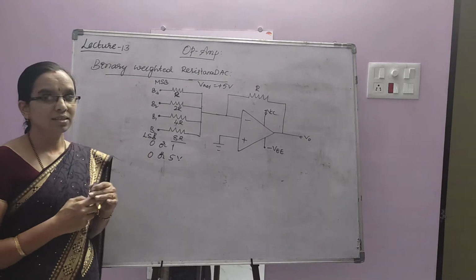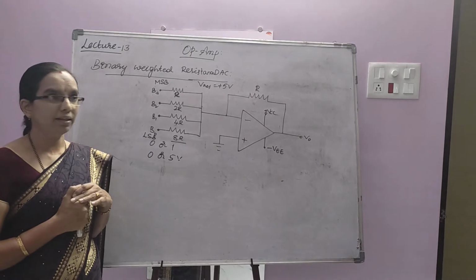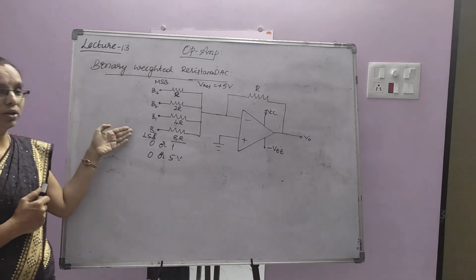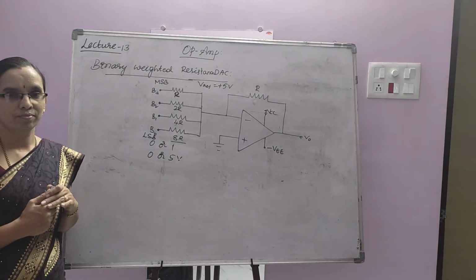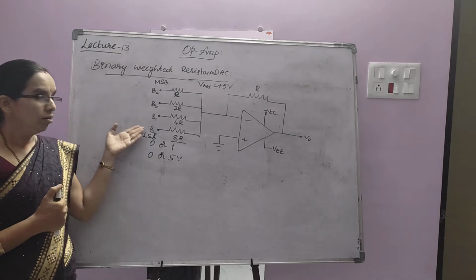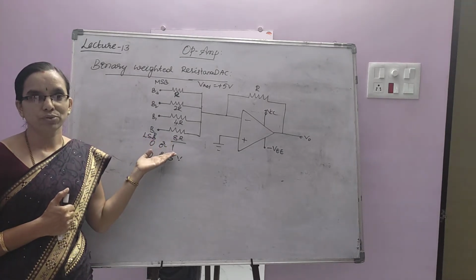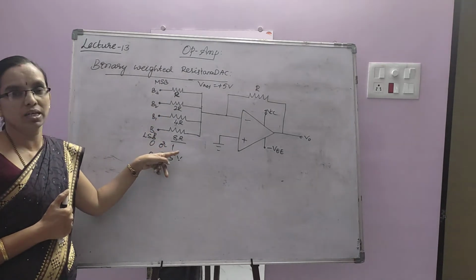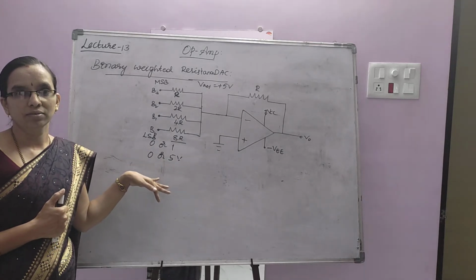Whereas in this case, understanding the circuit will be easy, but for 4-bit, you will have 4 different values of resistors. For 5-bit, again 5 different values of resistors you have to choose. That means if you connect one more input, that will be 16R. If you connect one more, the 6th bit, that will be 32R.